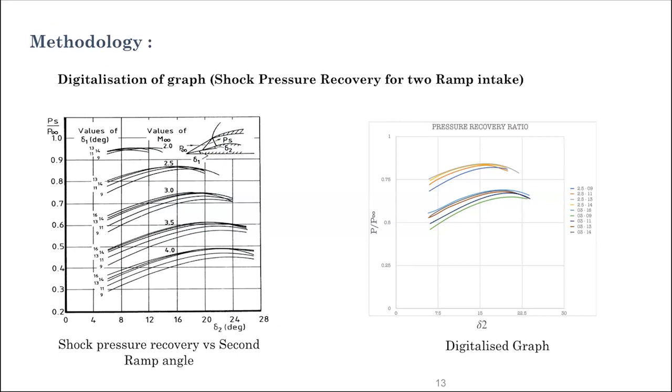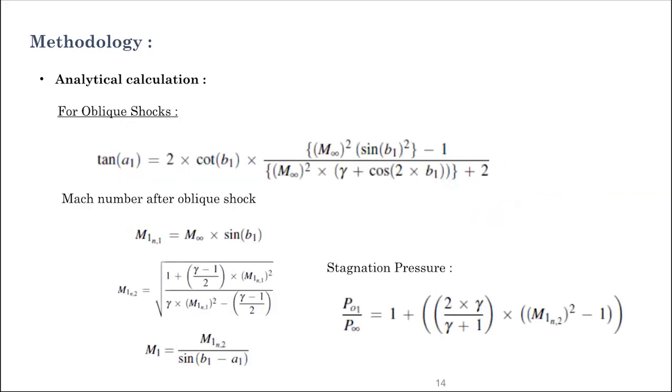Using this graph, we can approximate the total pressure recovery we'll get for a double ramp system. If we have 2 angles and a free stream Mach number at the intake, then we can calculate the pressure recovery we will get after the normal shock. So we digitalized this graph and used that data in our codes. These are the analytical calculations of aerodynamics.